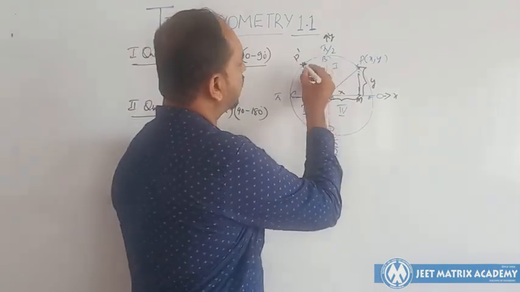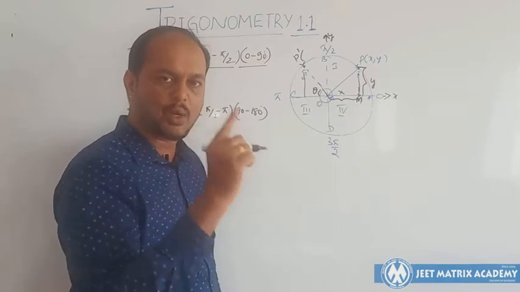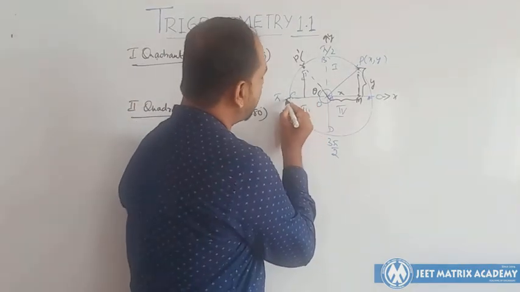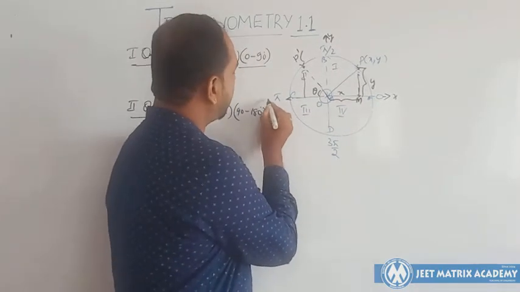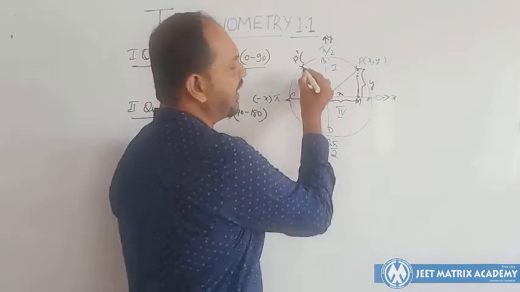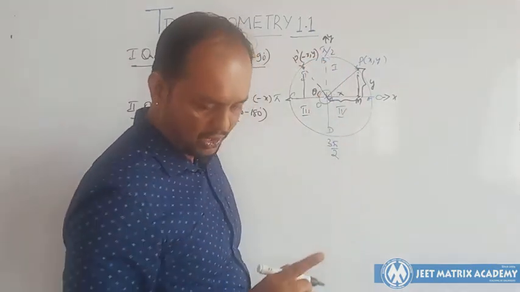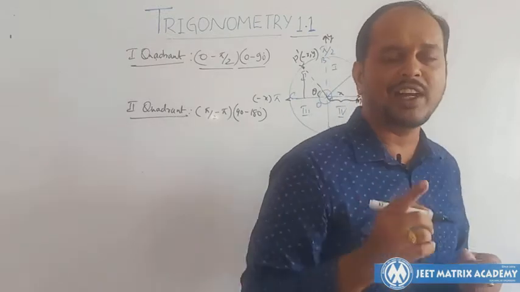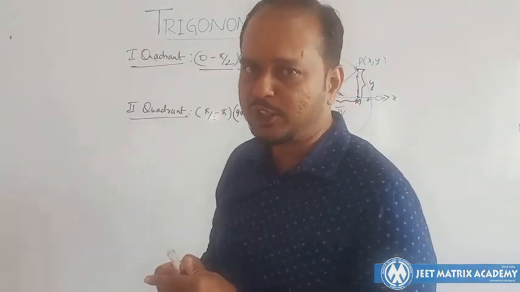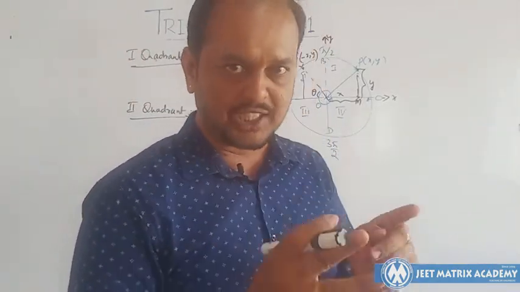If the point lies in the second quadrant, how do you recognize it? Your x will be negative. This is negative x and this is positive y. y is positive but x is negative. When the x coordinate is negative and the y coordinate is positive, then you can definitely say your point lies in the second quadrant.